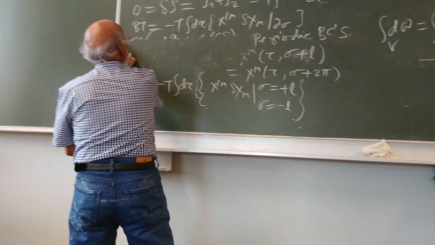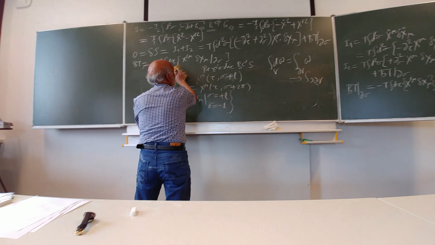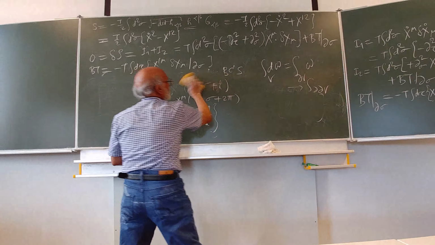So we can remove this, and we again come back to these boundary terms. You see, this is a product of two things, x prime and delta x. And we have to somehow choose. We are now talking with respect to the open strings.